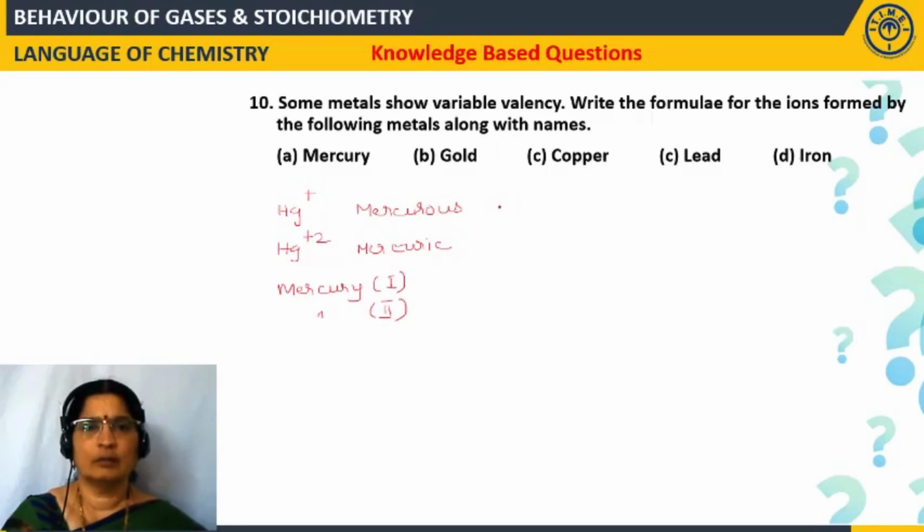Gold symbol is Au, therefore it forms Au plus and then Au plus 3. This is aurous, this is auric.